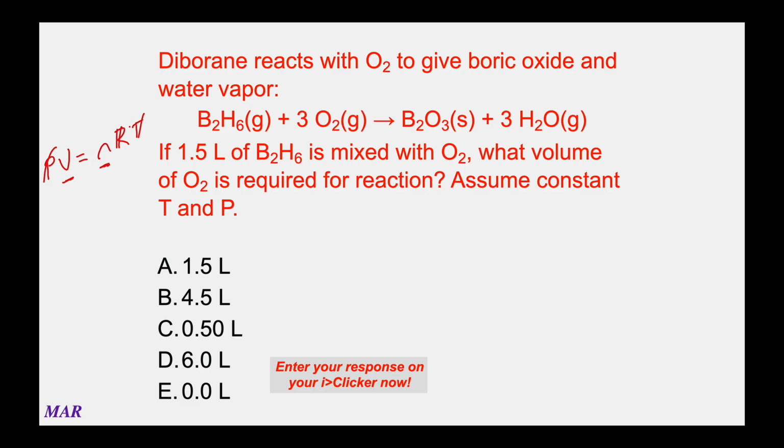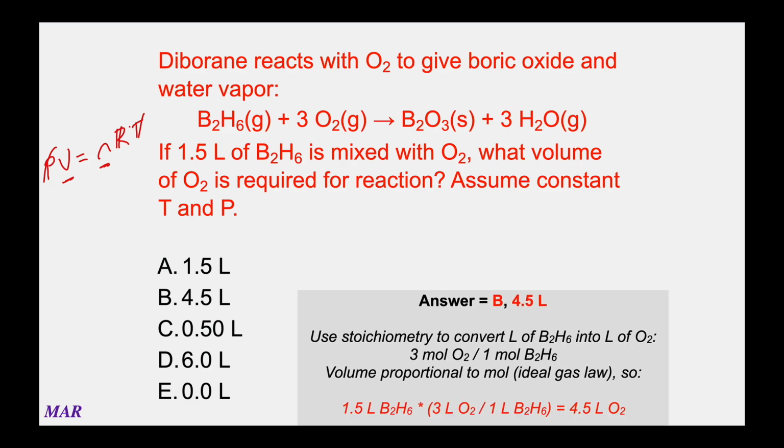In this problem, the liters work the same as moles mathematically. So if 1.5 moles of diborane needed 4.5 moles of oxygen, 1.5 liters times 3/1 will give you the equivalent answer in terms of liters of O2 for this stoichiometry.